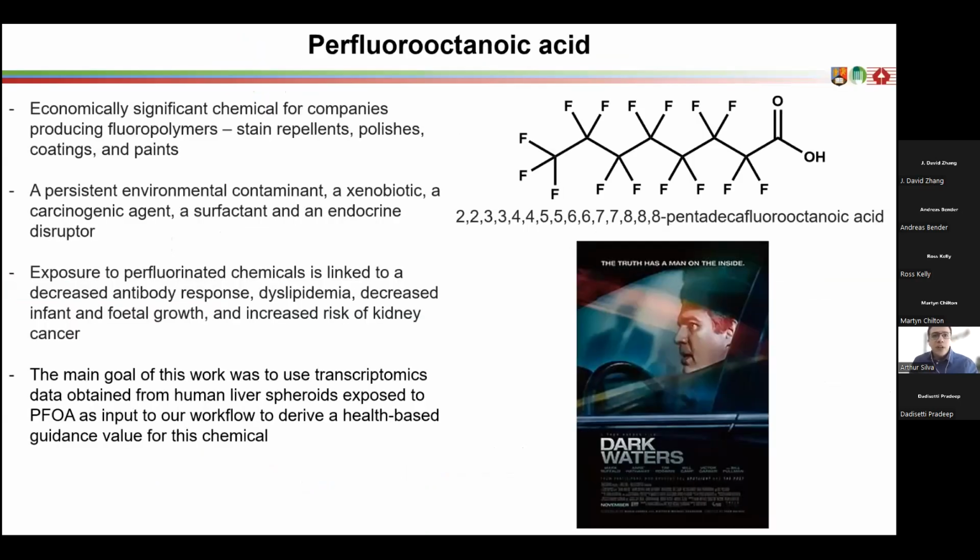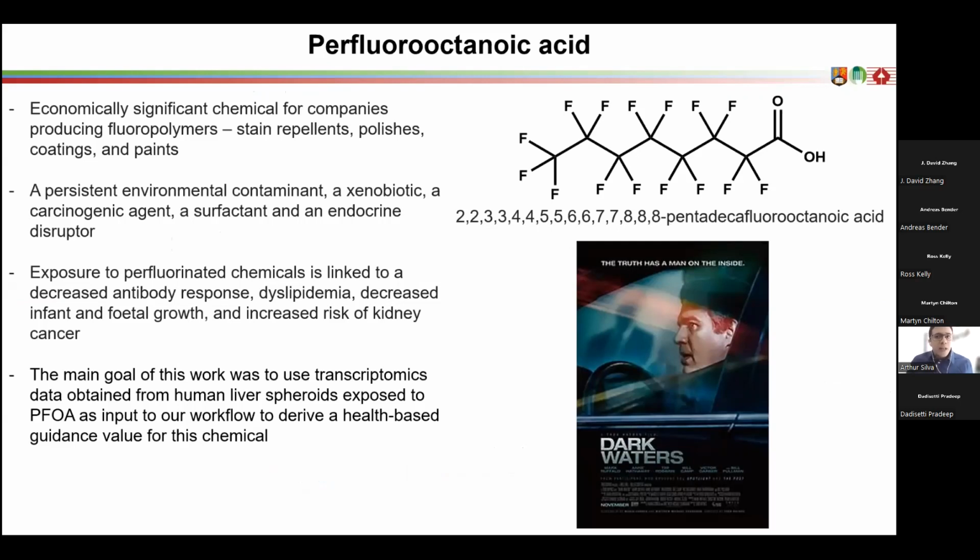So perfluorooctanoic acid, and as we will refer to it here in this presentation as PFOA, is an economically significant chemical for companies producing fluoropolymers and products such as stain repellents, polishes, coatings, and paints. It is also a surfactant, and it presents a backbone of carbon-fluorine atoms.